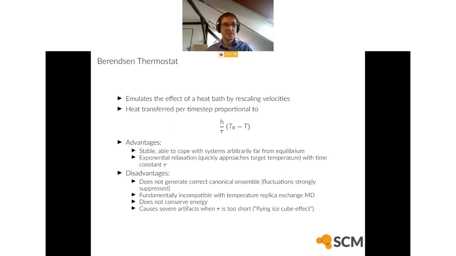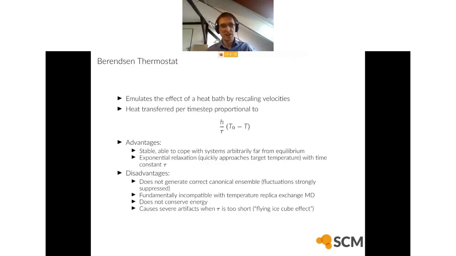However, with Berendsen, this is the other way around, and the thermostat ensemble would always have smaller fluctuations than a microcanonical simulation. This is because this exponential relaxation strongly suppresses or damps any fluctuations that the system would try to do. For this reason, it does not generate a correct distribution.